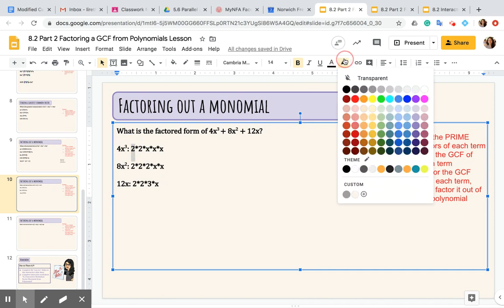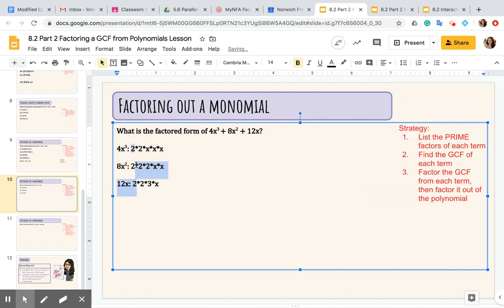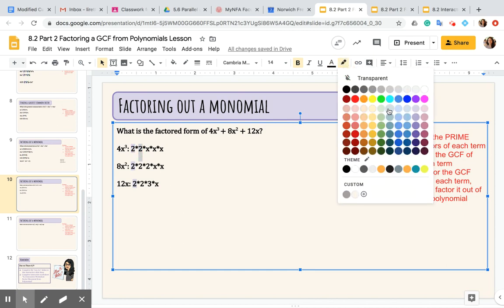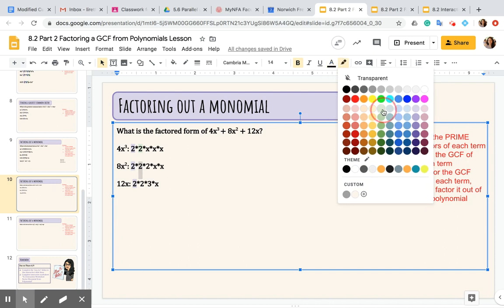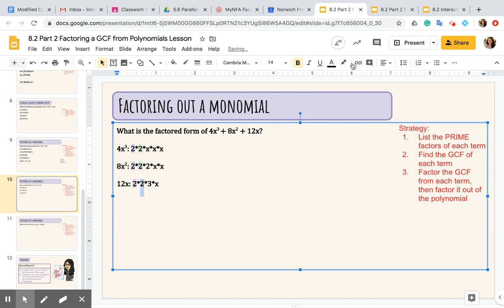A 2, and a 2. This would be so much easier if I wasn't typing it all out. I see another 2. That's common. Another 2. And then that's as much as I can take from my coefficient. I don't have any more coefficients to pull from here.